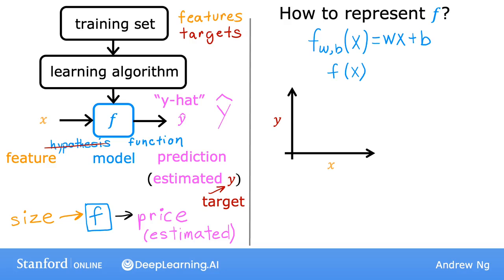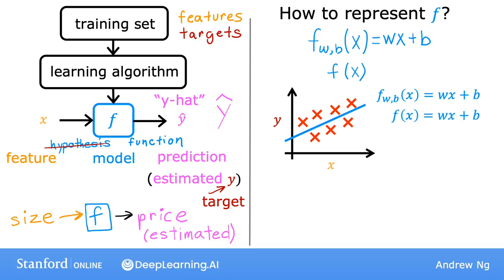Remember, the algorithm learns from this data and generates a best fit line, like maybe this one here. This straight line is the linear function f_w,b of x equals w times x plus b. Or more simply, we can drop w and b and just write f of x equals wx plus b. Here's what this function is doing. It's making predictions for the value of y using a straight line function of x.